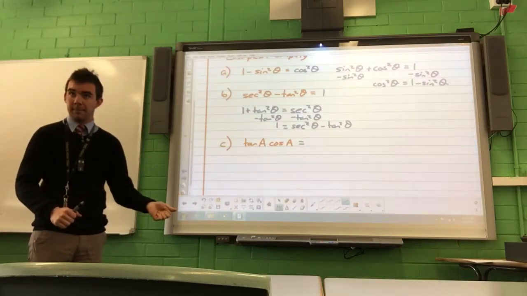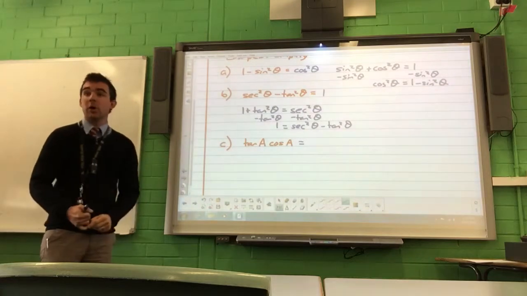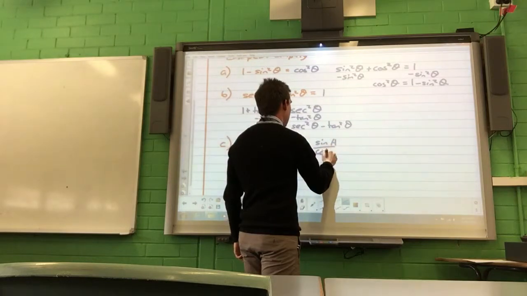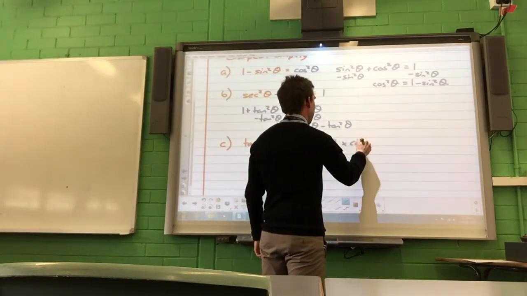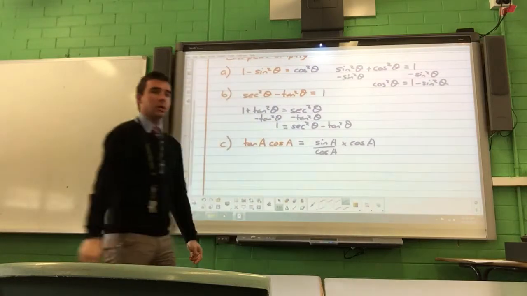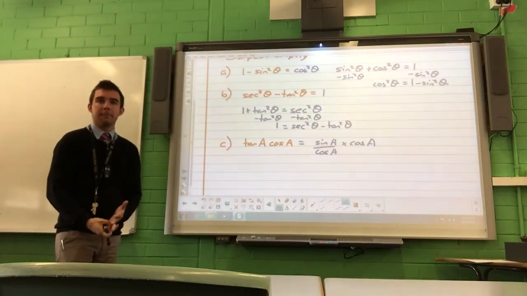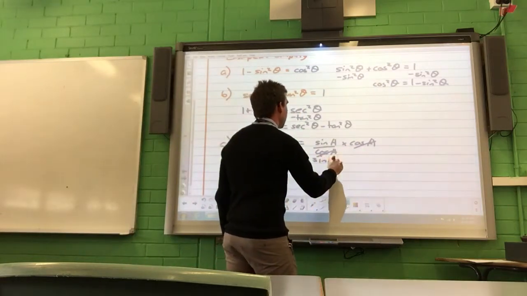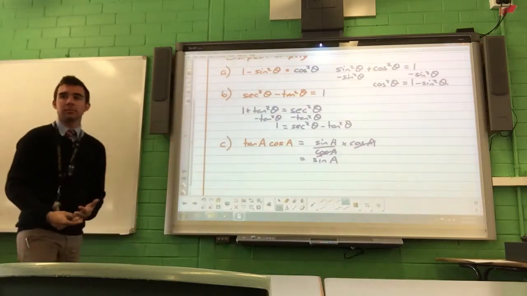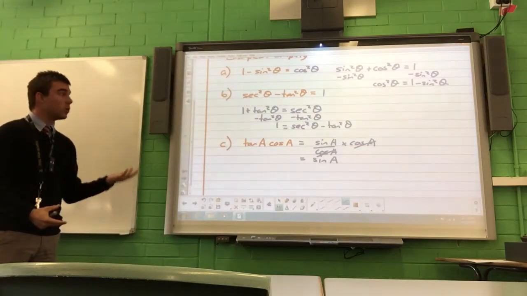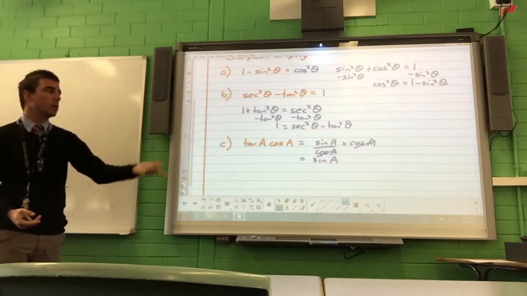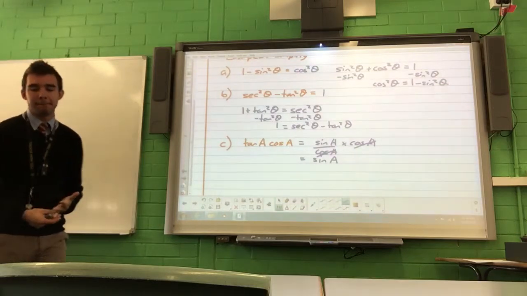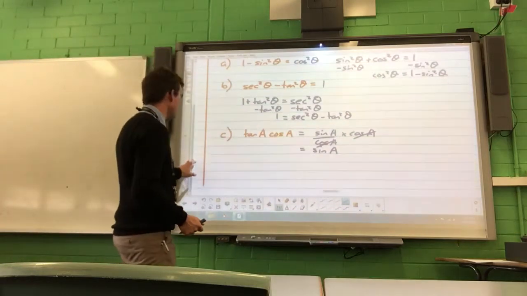So I'm going to rewrite tan of A as sine of A over cos of A, times the second part of my expression. Cos of A cancels, and I'm left with sine of A. So if I pick an angle and do tan of that angle times cos of that angle, or I do sine of that angle, I'm going to get the same value. Any questions?